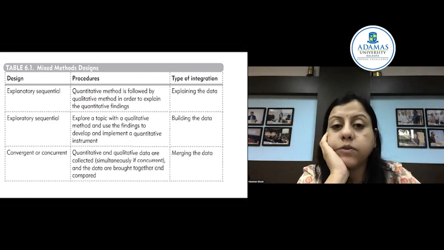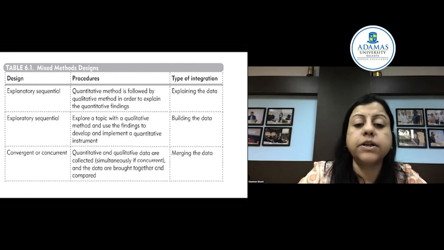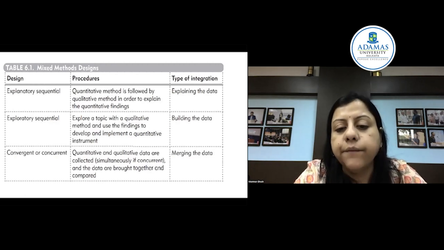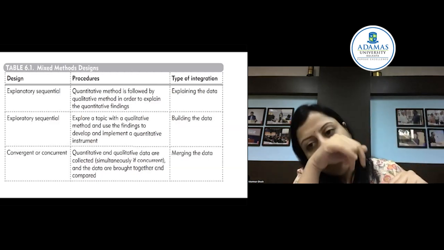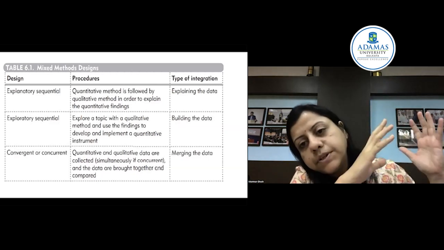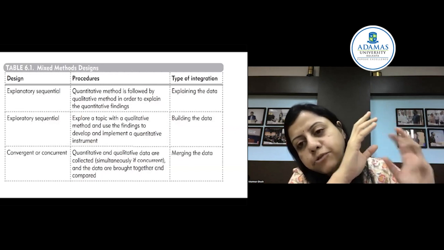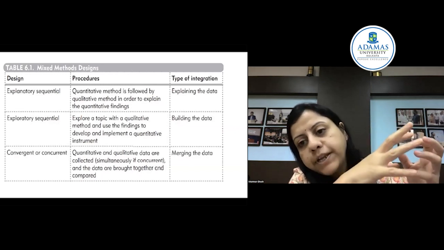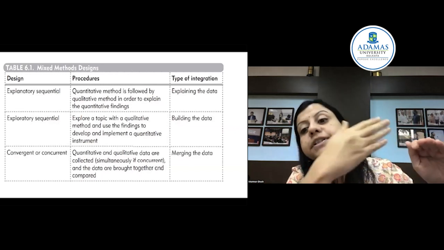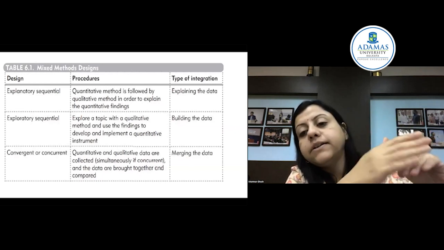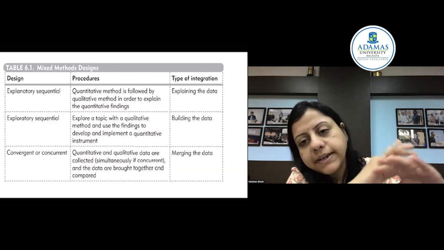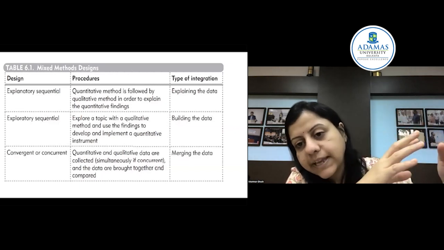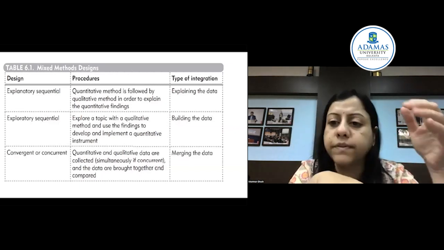And lastly, the concurrent design, or convergent design. In both the phases of mixed method design, either sequential explanatory or sequential exploratory, one key point is that one is done after the other. In sequential exploratory, qualitative is conducted in the first phase, and then we go ahead with the quantitative.